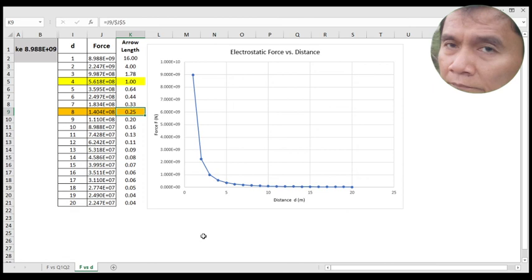So, I hope you understand that part, the computation. What else can we do in this case?